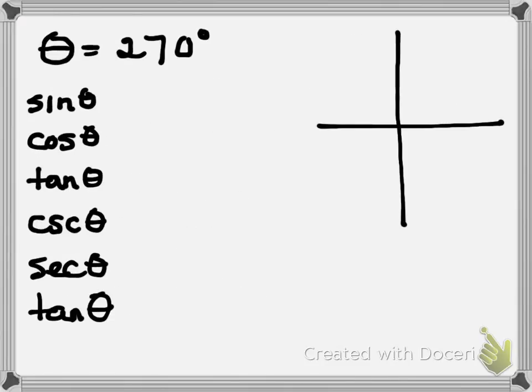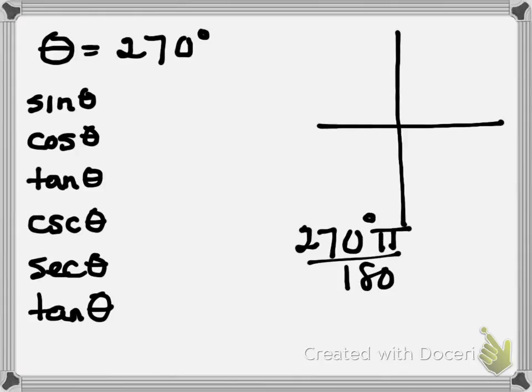Okay, let's review again, changing from degrees to radians. So I have 270 degrees times pi over 180. First of all, divide by 10, and then divide by 9, and we're getting 3 pi over 2.